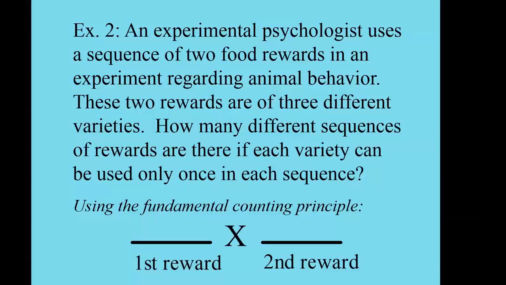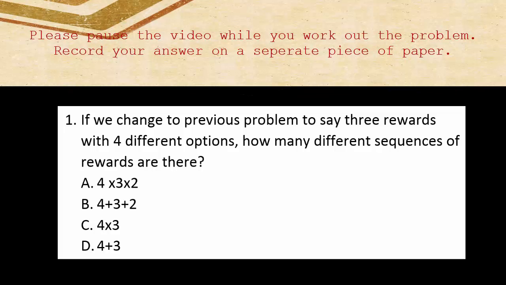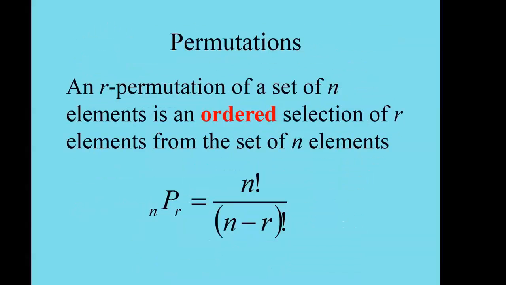So going back through that food experiment problem, I've got three different food choices and I'm giving two different rewards, so there's two stages. The first stage I have three options. During the second stage, I've already given one of the food options, so that's where I get the 2 from, and then 3 times 2 gives us the same 6 that we had when we did the tree diagram.